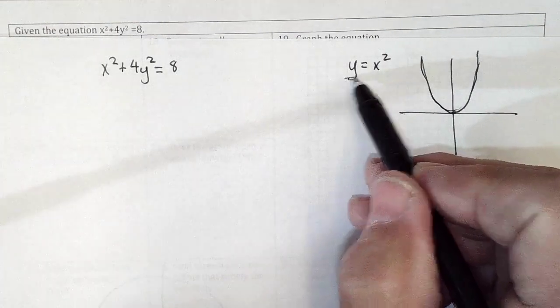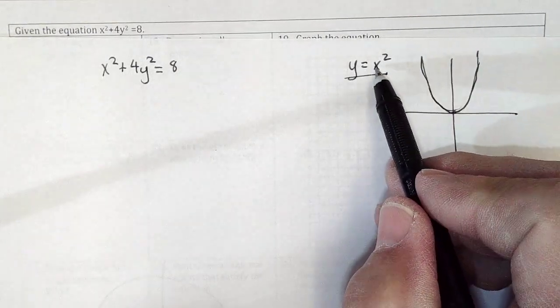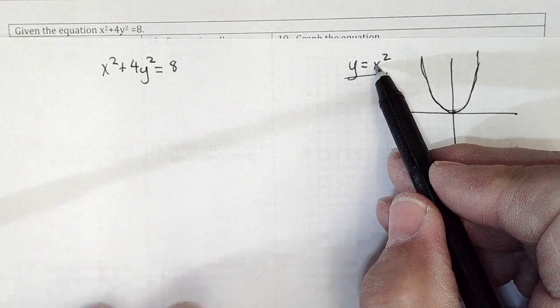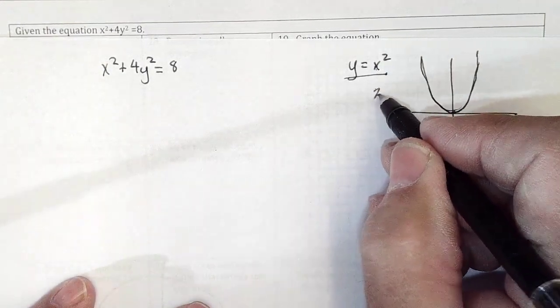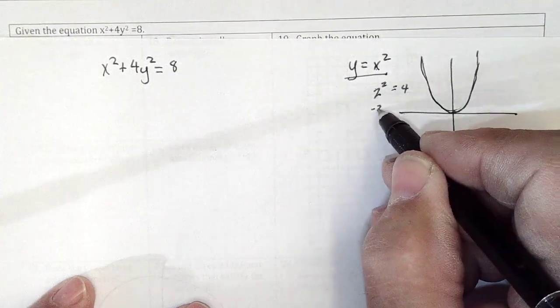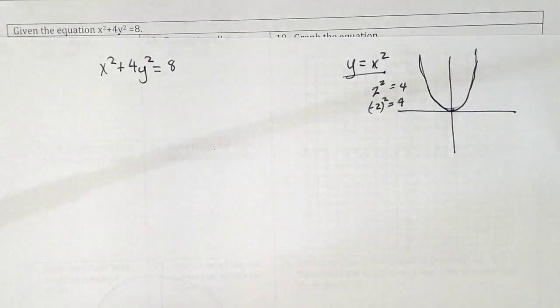But what about the equation tells me that it's going to be symmetric with the x-axis, or y-axis? And that's that it doesn't care whether x is positive or negative. Whenever you put a positive number in here, like if I put in 2 and squared it, I get 4. If I put in negative 2 and squared it, I still get 4. It doesn't care whether x is positive or negative.